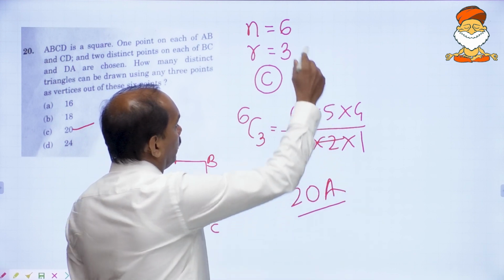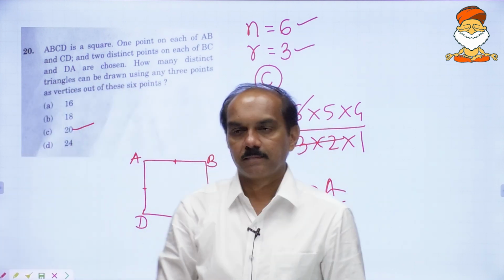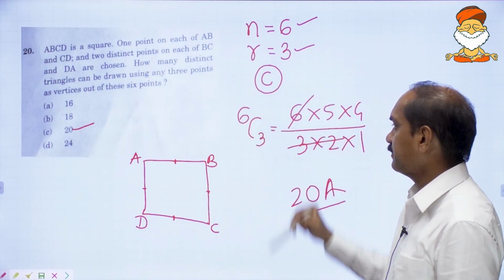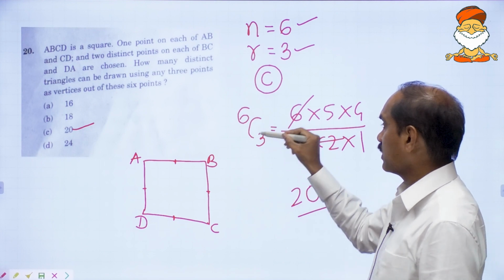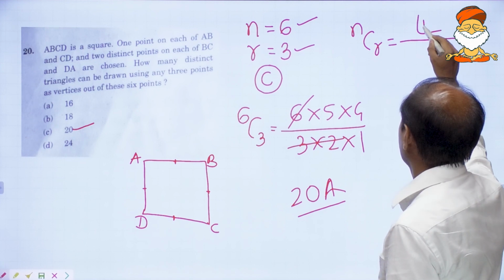So we have been given 6 points, and to draw a triangle we require 3 points. And how many triangles you can draw? It is 6C3. Otherwise you can go with the formula. This is the formula which you can take down.